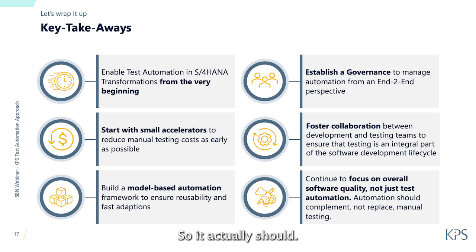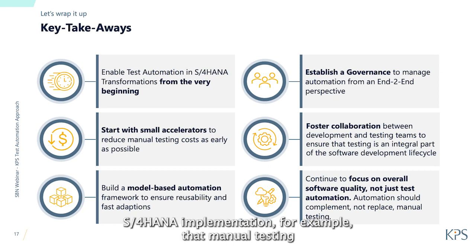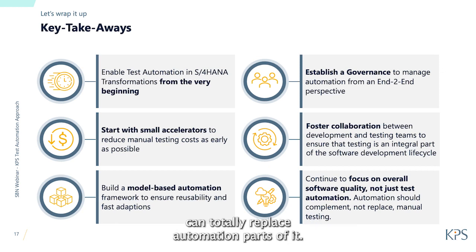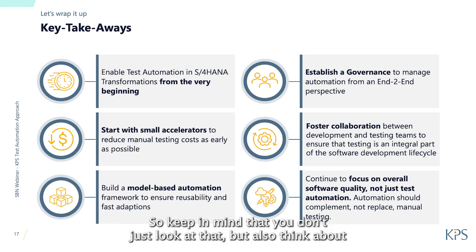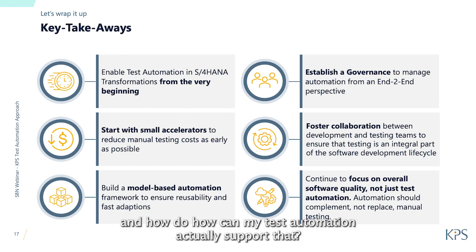You can automate parts of it, but we don't see that in an S/4HANA implementation, for example, automation can totally replace manual testing. So keep in mind that you don't just look at that, but also think about how you make your manual testing more efficient, and how my test automation can support that.